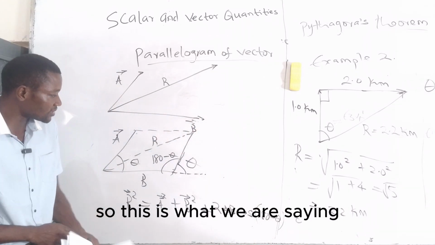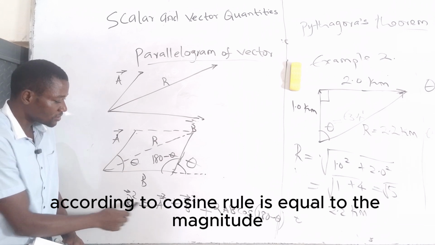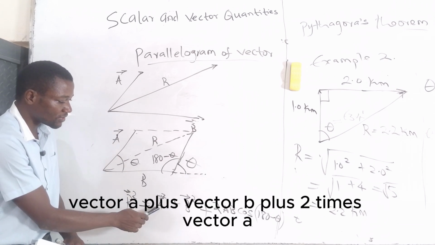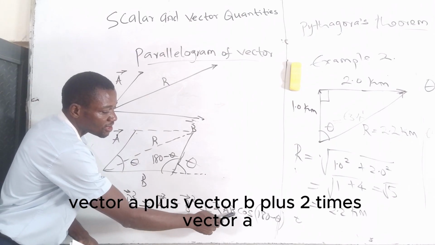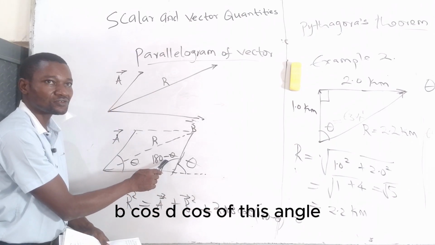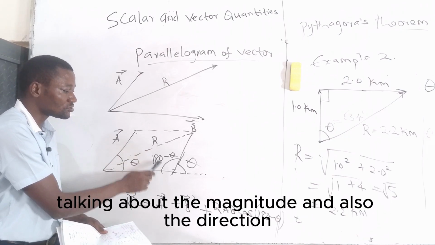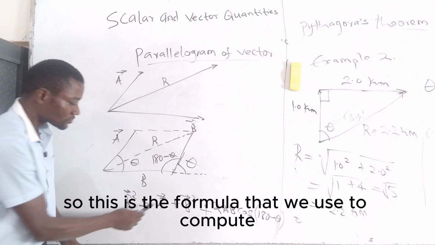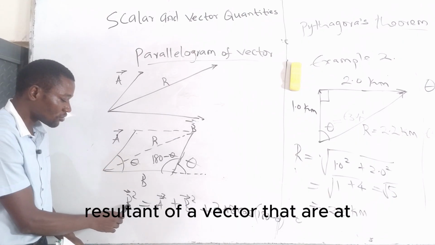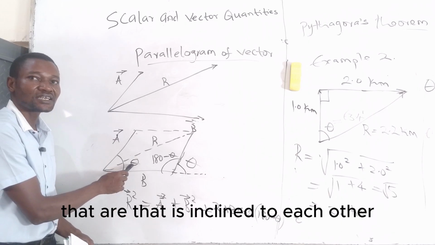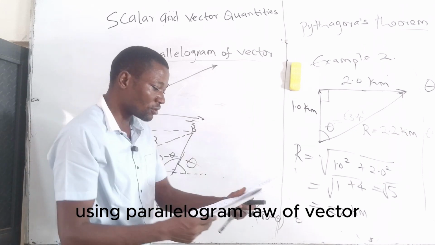Remember, anytime we talk about a vector, we are talking about the magnitude and also the direction. So this is the formula that we use to compute the resultant of vectors inclined to each other using the parallelogram law of vector.